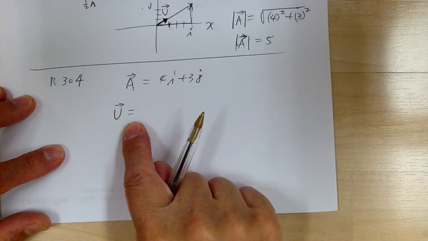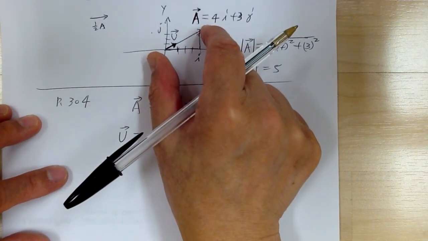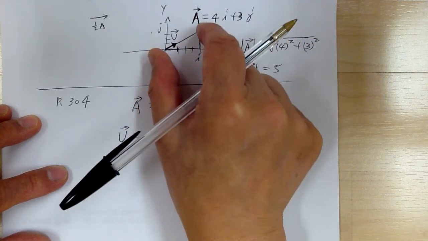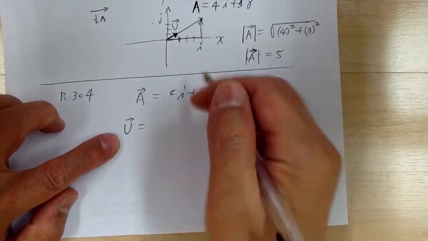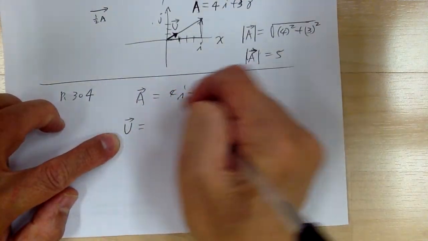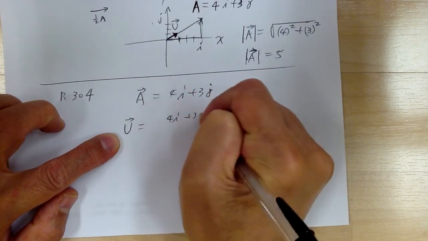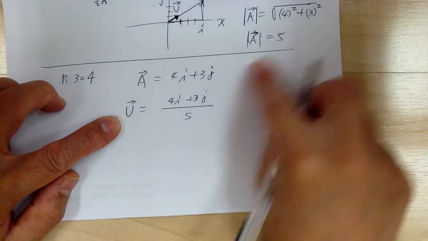So to find the unit vector of that, since this has length 5, and a unit vector has length 1, if you divide this by 5, then you get a length of 1, right? So a unit vector basically means just divide the vector by its length. So you get 4i plus 3j divided by its length, which is 5.